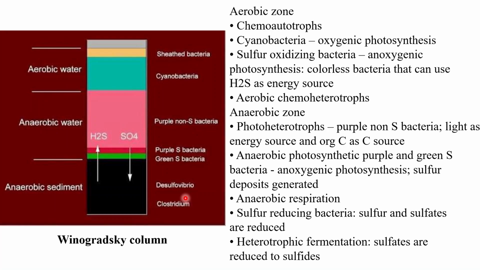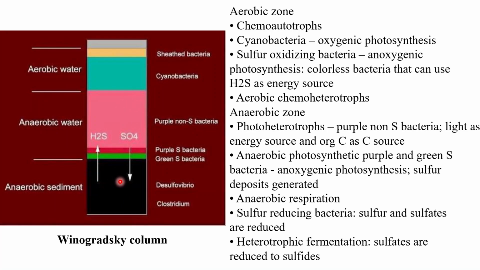So I hope this is clear, how a Winogradsky column works. It's a very nice experiment if you ever get the chance to do it. Generally in courses like microbiology, people have this as one of the practicals.